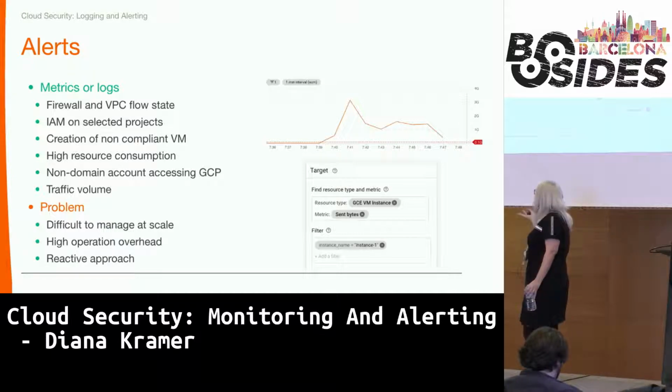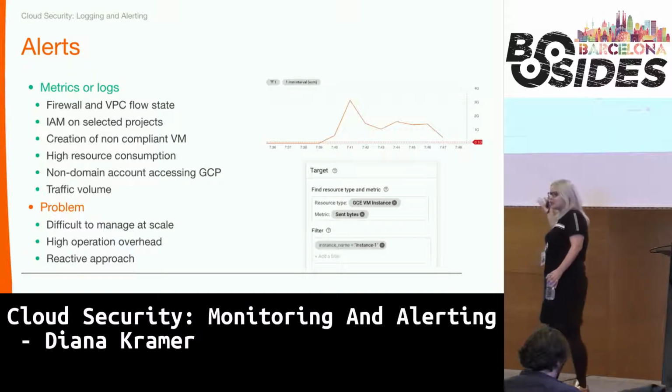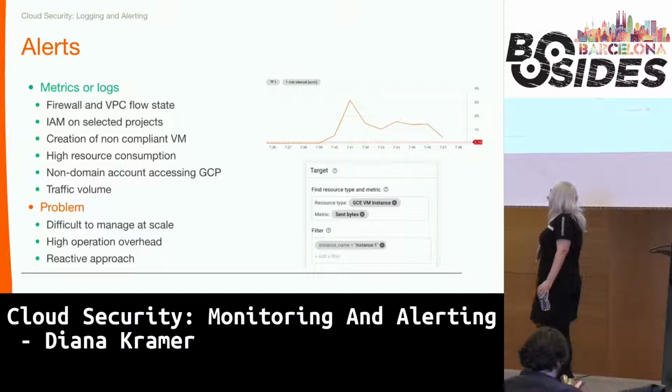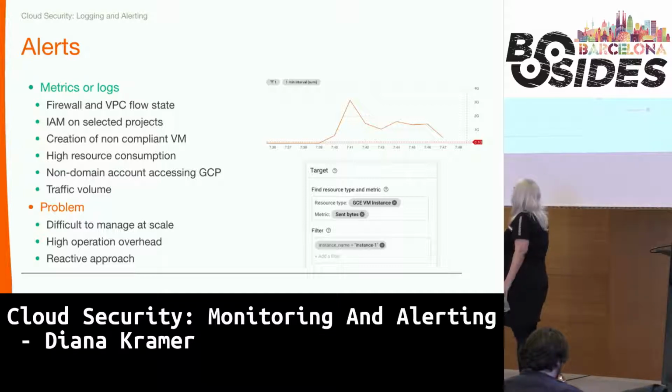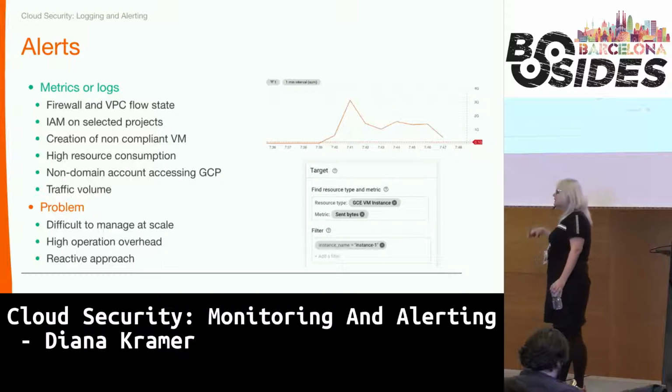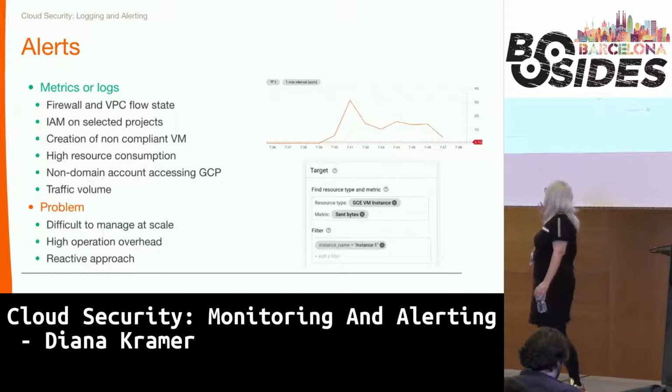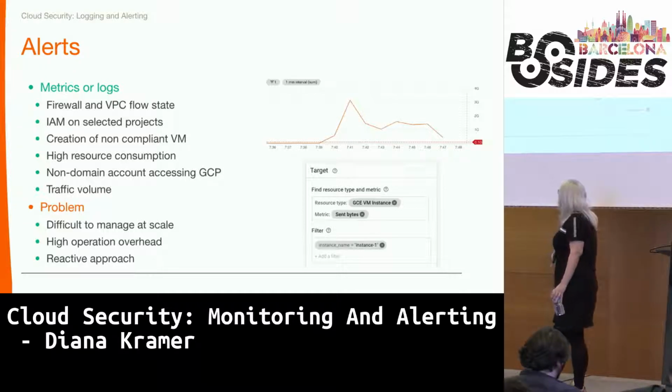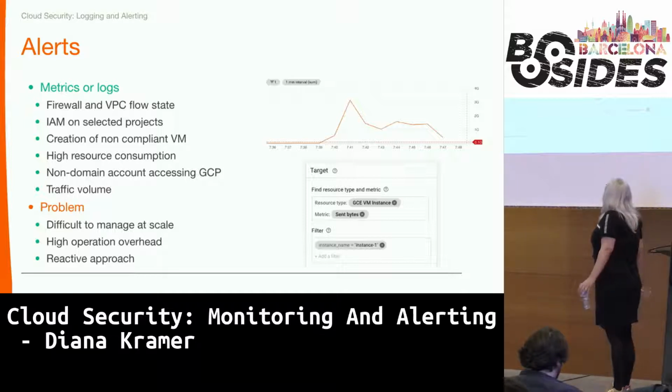Some alerts can be about policy and compliance, like creation of a non-compliant VM, or a high-privilege non-domain account accessing GCP, and others can be security related, such as traffic volume and high resource consumption. And on the right is an example of such an alert over traffic sent bytes from a VM.